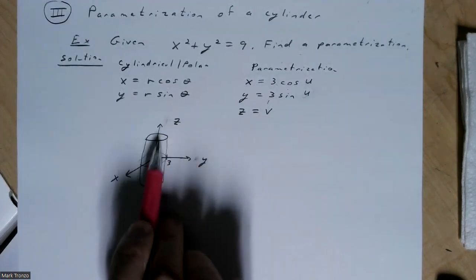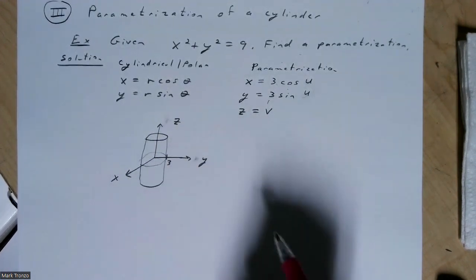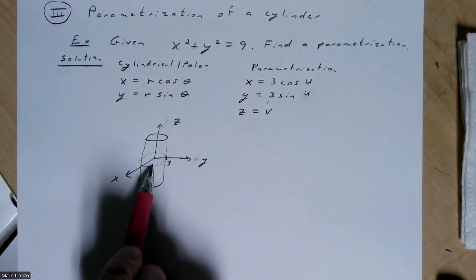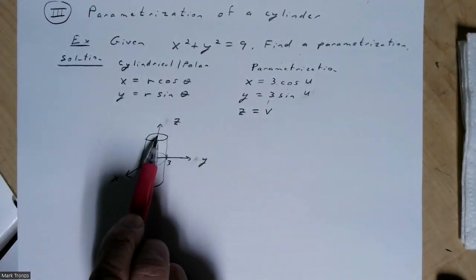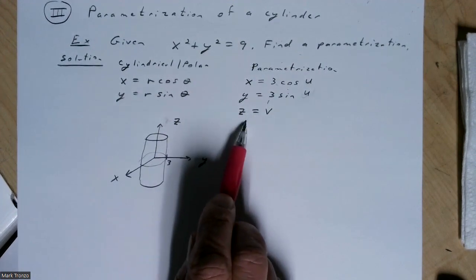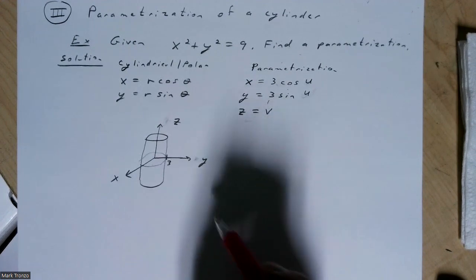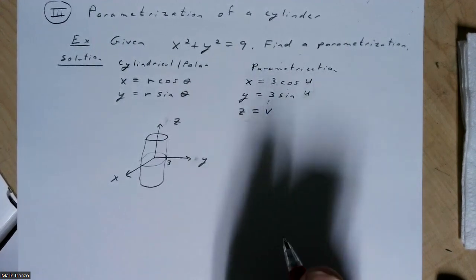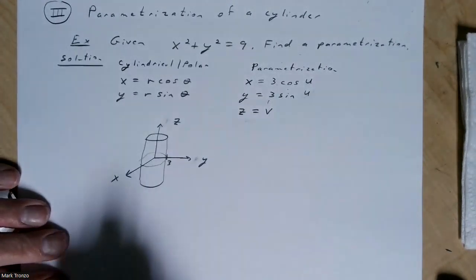Now, if you wanted to limit the size, let's say you wanted this cylinder only to go from 0 to z equal 4, then you would limit the value of z here. So again, that's the answer to this problem.